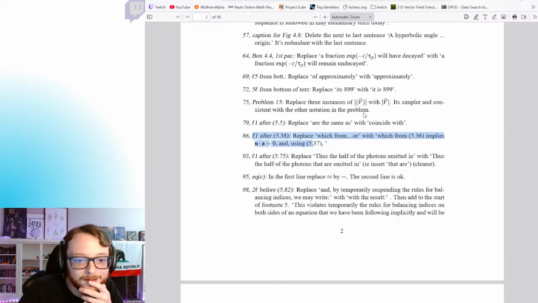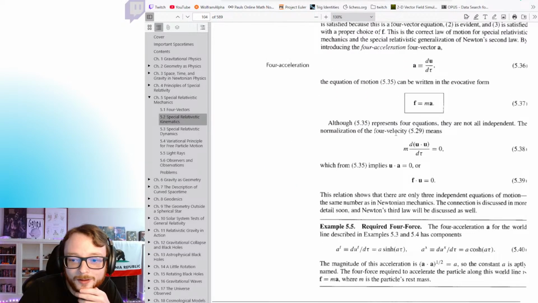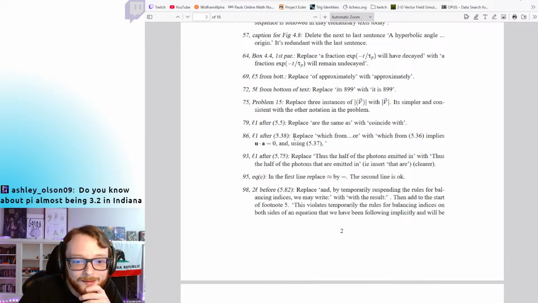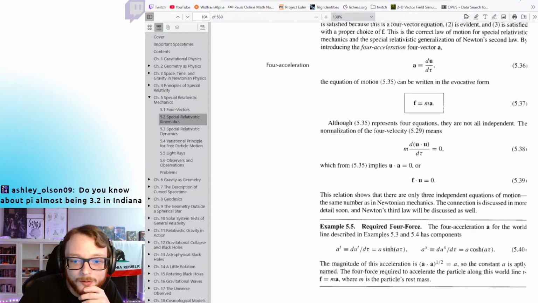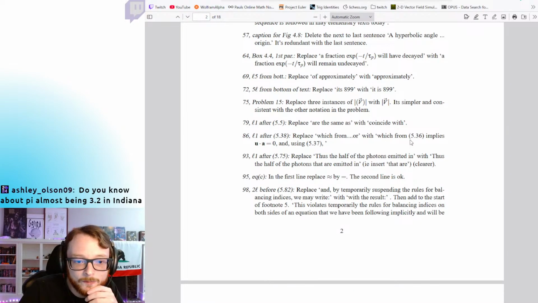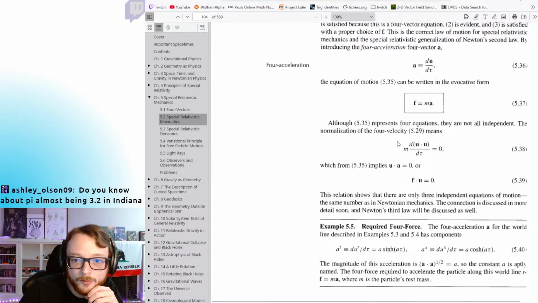Okay, after 5.38, this is the exact equation. Which from 5.36 implies u dot a equals 0. I mean, I guess they didn't change it too much, but it might make it clearer.